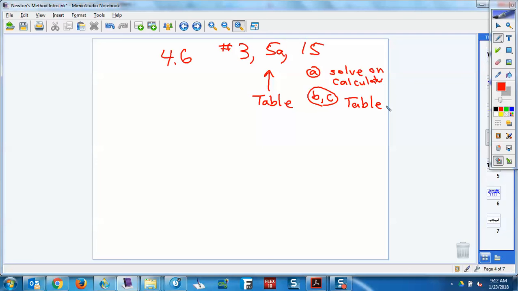So you're going to do your table. You're going to find something right away is going to happen, so you don't have to do a long version of the table. And then C says, Newton's method behaves oddly when x sub 0 equals 1.39. How and why? I think you'll understand. It's related to the 2 things we just talked about. So on 15A, just do a solve on your calculator, get those roots. B and C, do tables. 5A, do table.